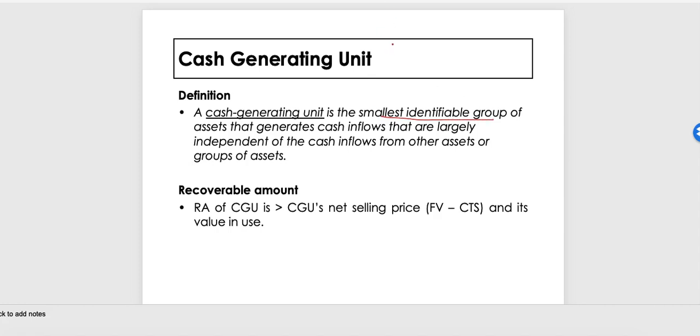For example, you have an LRT station. To go to the LRT station, there is a service provided: a bus that picks up the customers. So this bus is actually supporting the LRT station in generating revenue.